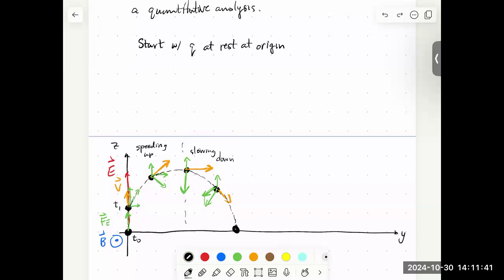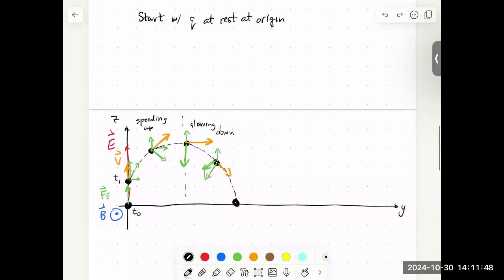What about the magnetic field? How much work does the magnetic force do? 0 all the time, right? And so here we would get v equal to 0 at this point. And then the whole process would repeat because we're now at the same starting position as we were before.